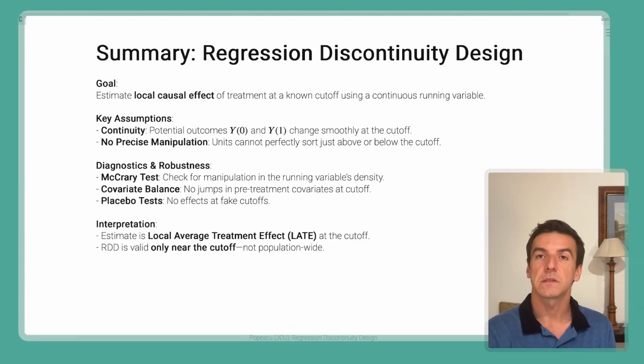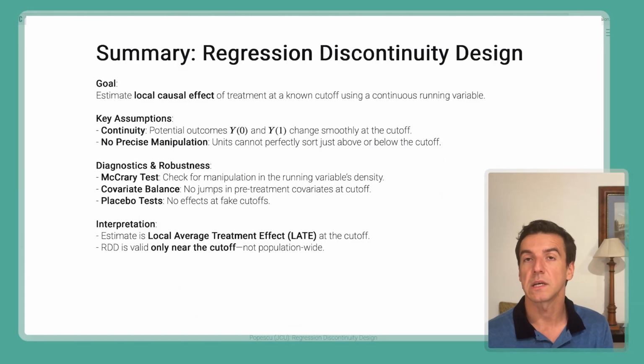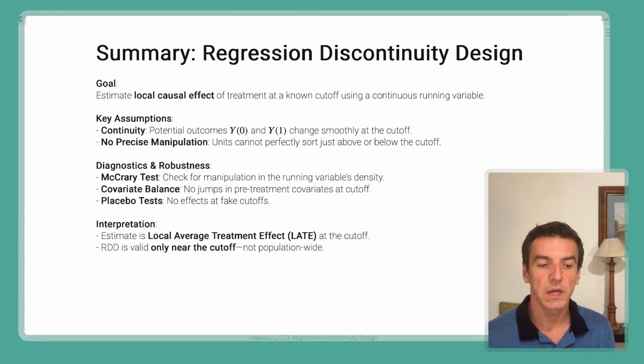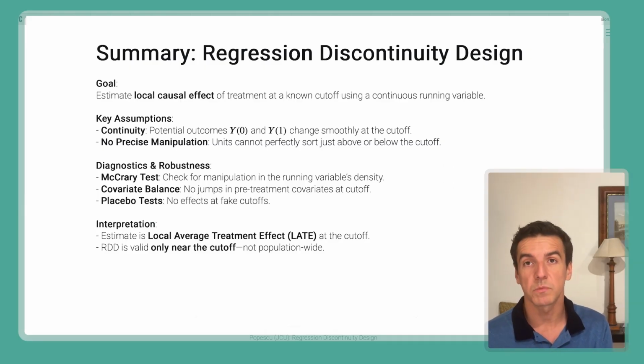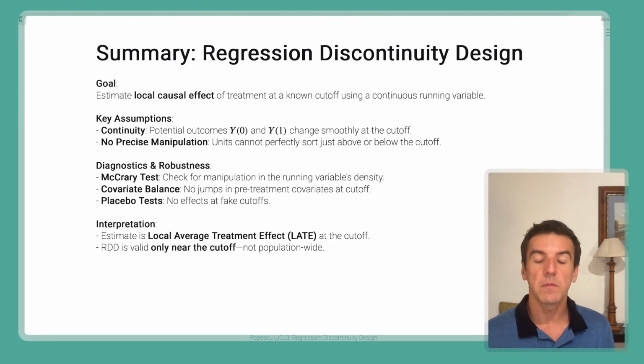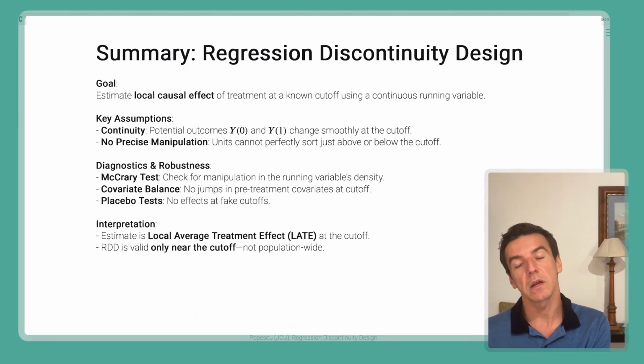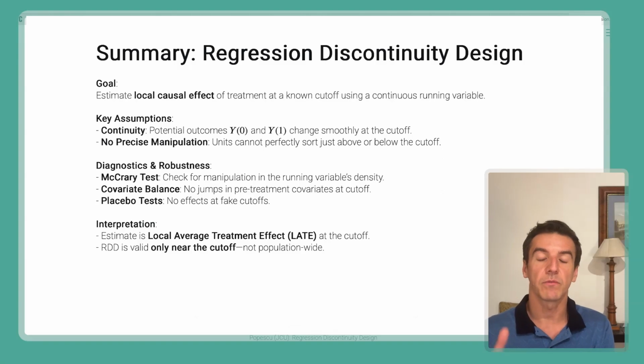We also discussed specific diagnostics pertaining to RD. So those include McCrary tests, which are specific tests for threshold manipulation, covariate balance. So it's important to have no jumps in the pre-treatment covariates, and then placebo tests. We can just move the cutoff arbitrarily to see if we have jumps at other thresholds.